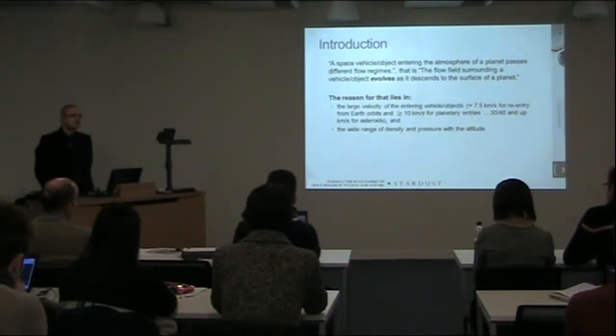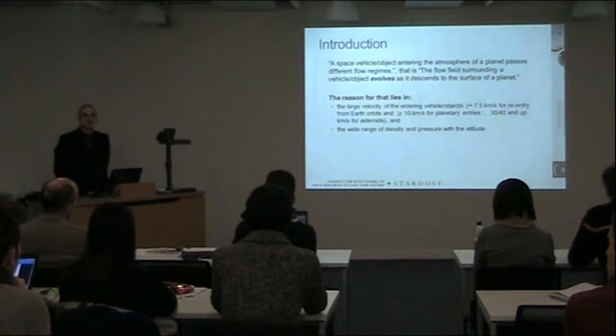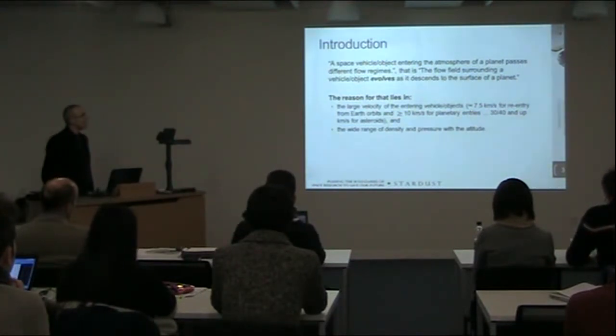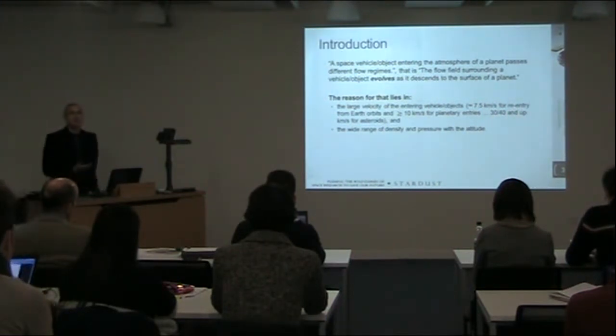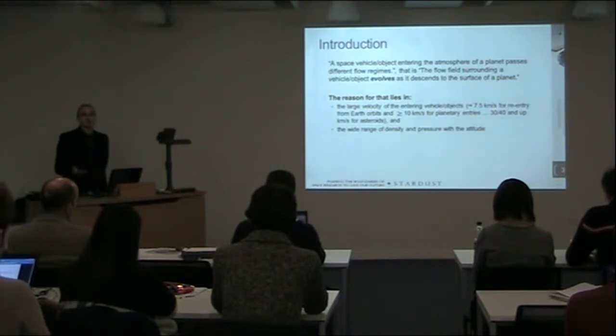We have large velocity entries, which could be up to 30 or 40 kilometers per second for asteroids, or even bigger. And there is also a change in pressure and density from the start of the atmospheric trajectory to the last part of the trajectory. It could be the ground, or some place at some altitude.